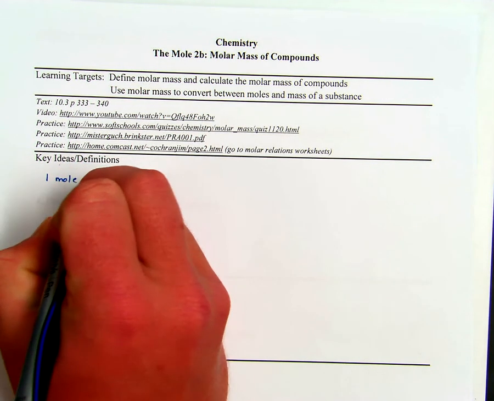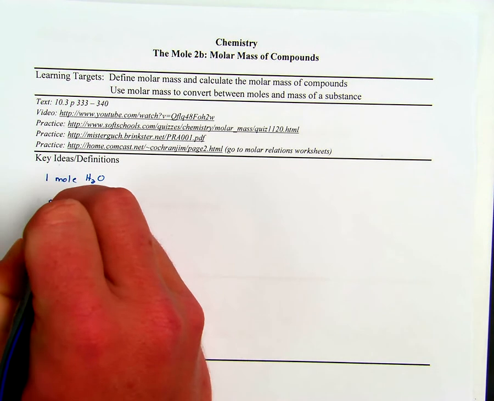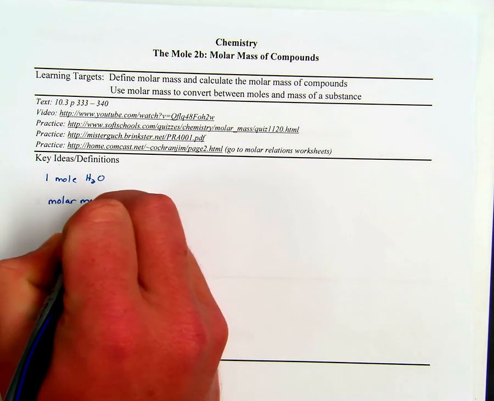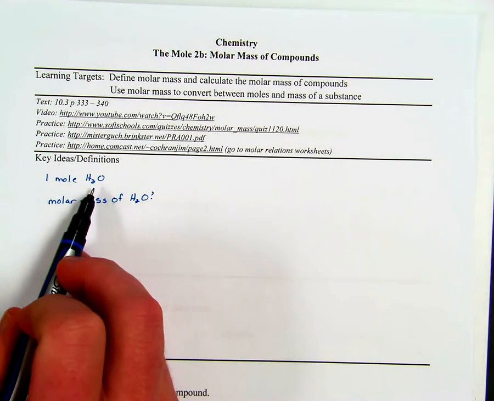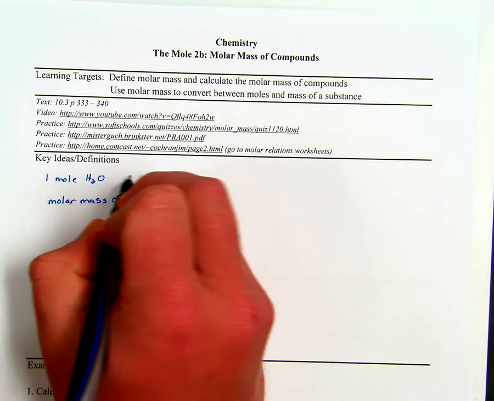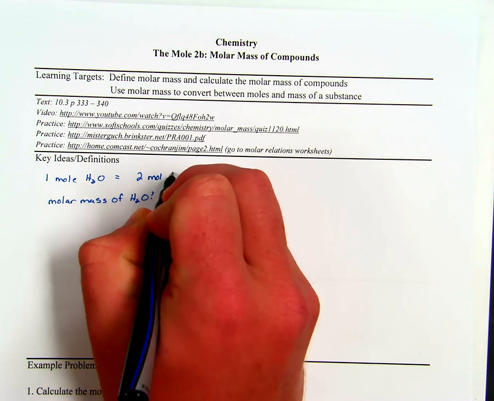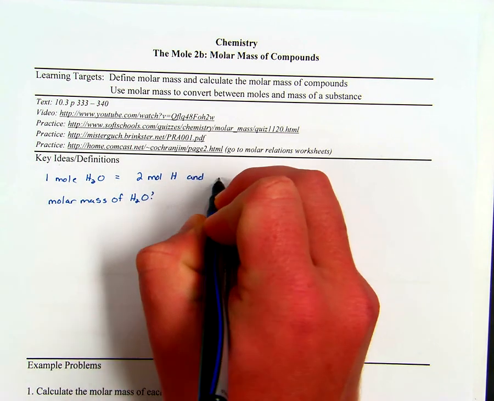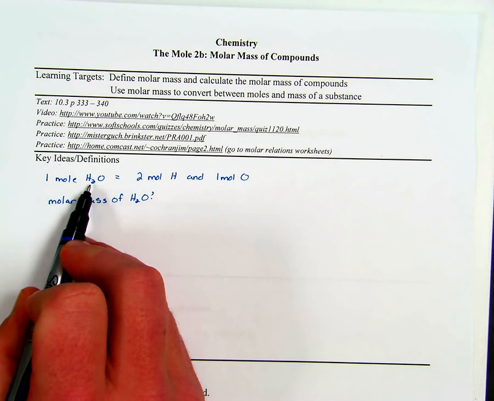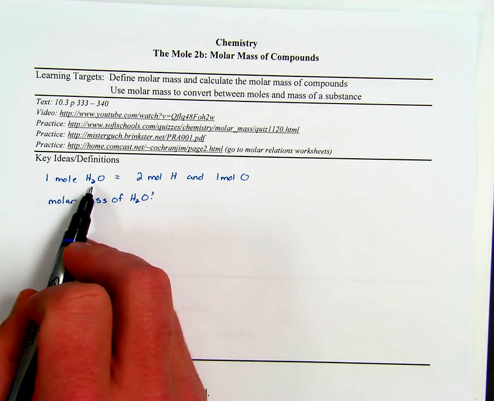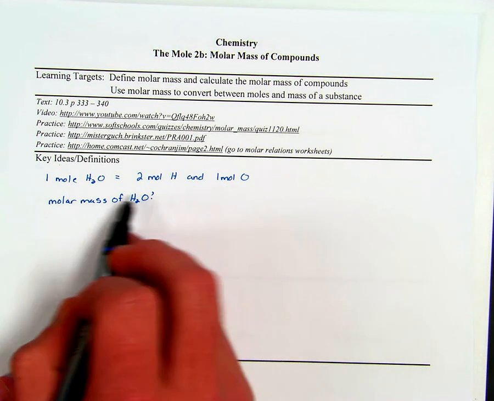Suppose we had 1 mole of water, 1 mole of H2O, and I want to know what is the molar mass of water. Well, if you think about the formula, if I have 1 mole of H2O, that would mean I have 2 moles of hydrogen and 1 mole of oxygen, because in the formula I can see there are 2 atoms of hydrogen for every molecule, so that would mean 2 moles of hydrogen for every mole of water, likewise 1 mole of oxygen for every mole of water.